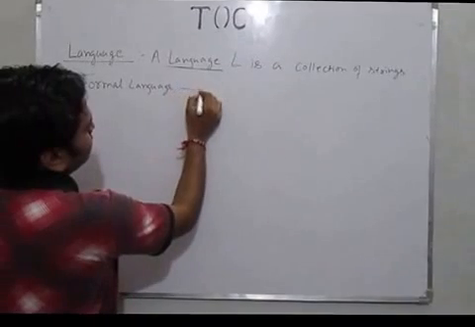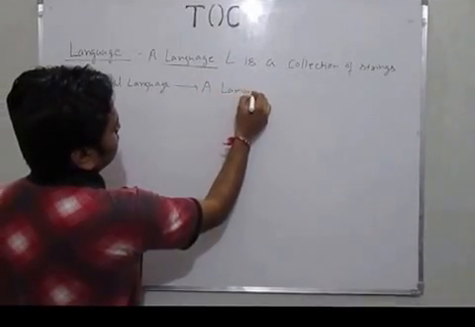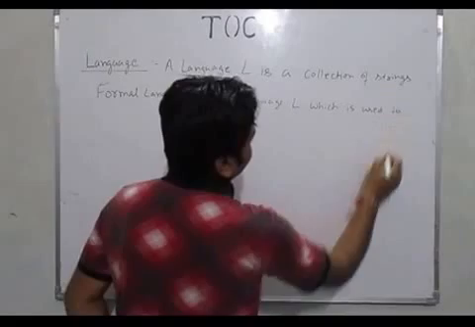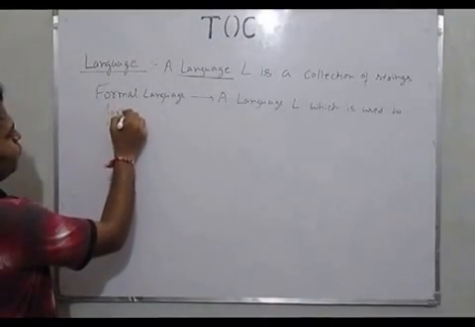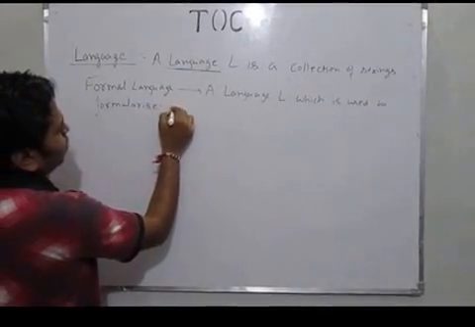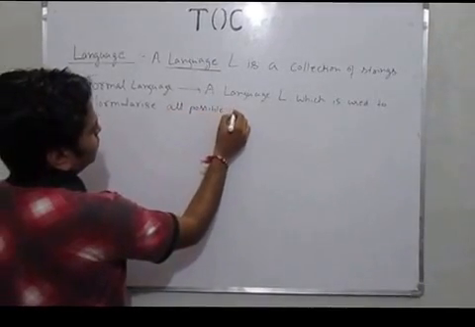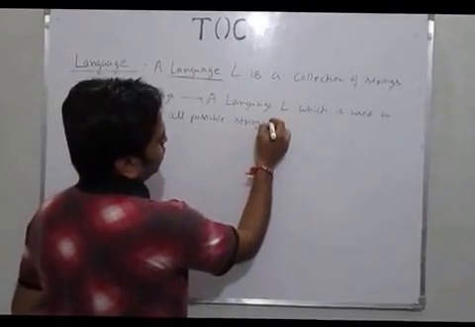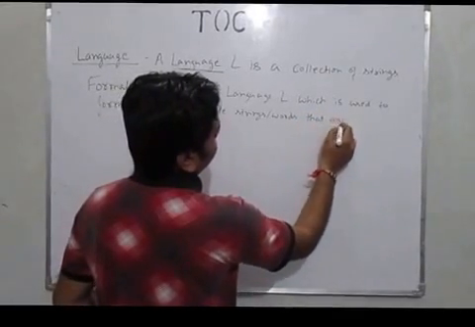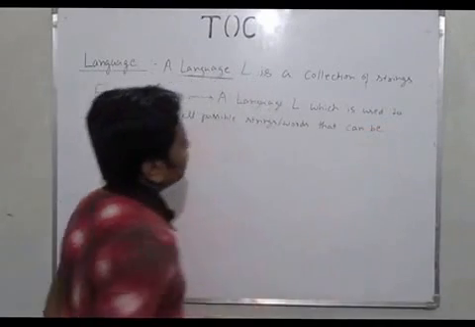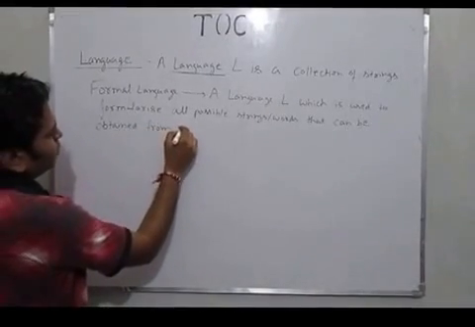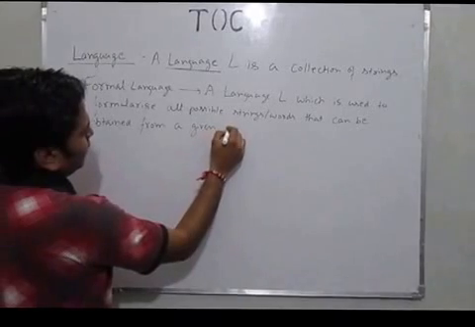And formal language simply means a language L which is used to formularize all possible strings or words that can be obtained from a given alphabet.